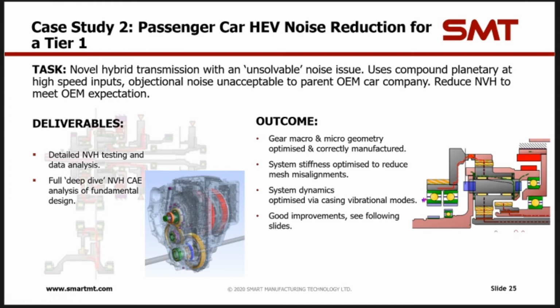This is an example of an NVH optimization in an HEV, so an SUV application. It has a compound planetary with 2 electric motors, and then a transfer gear set to power the differential.